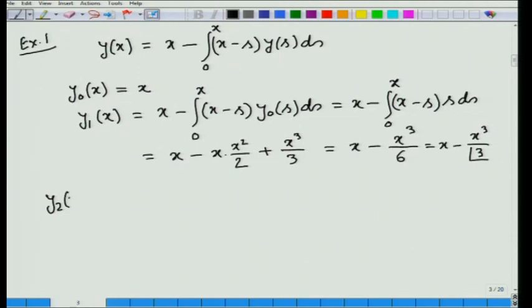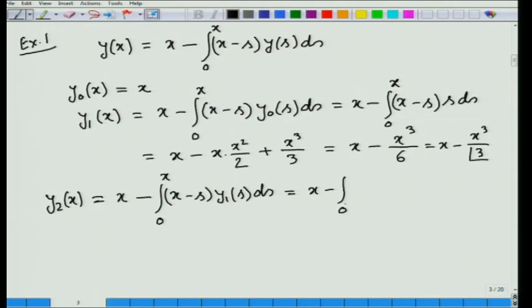Once we calculate y2(x), according to the formula, y2(x) is equal to x minus the integral from 0 to x of (x minus s) y1(s) ds, and this is equal to x minus the integral from 0 to x of (x minus s) multiplied with (s minus s cube by factorial 3) ds.